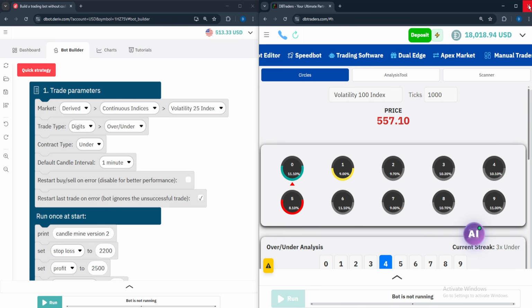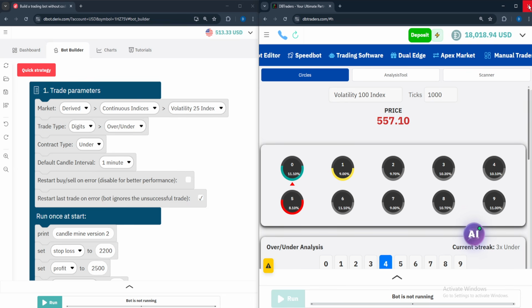Okay, all right, so the second thing is ensure. Oh, by the way, those are the first two conditions. The first condition, the green circle on 0, the red circle on 9. The second condition, the green circle should be above 12%, the red circle be below 9%. The third condition basically is ensure 1, 2, and 3 are above 10.5%.